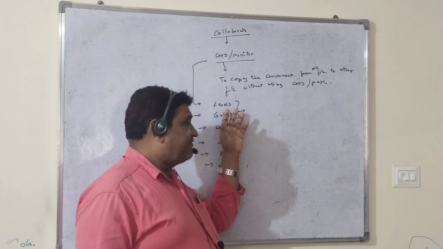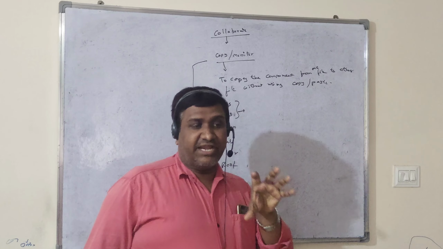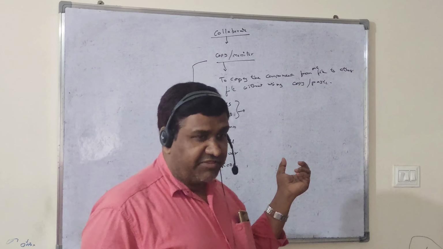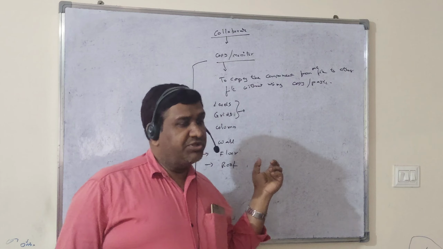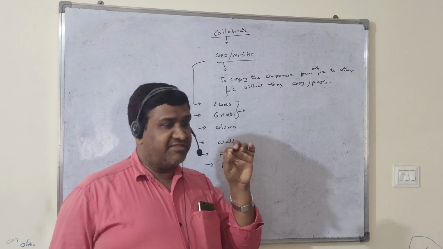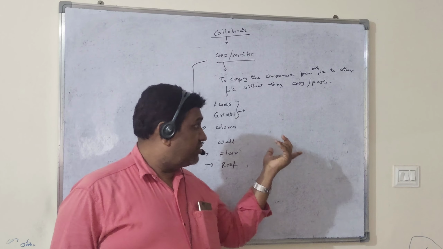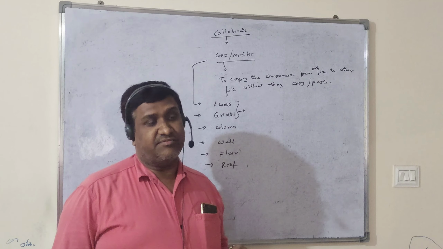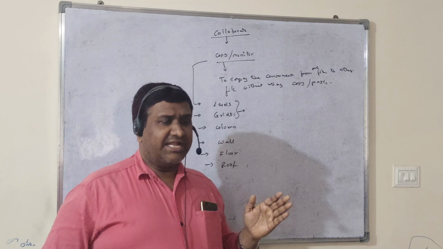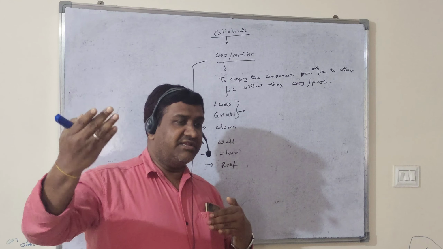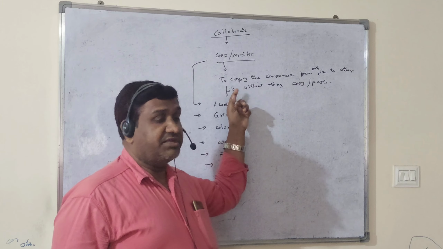If the architecture people provide the file to the MEP people, they need not go through grid placement and level placement again. They can directly take the levels and grids with the help of Copy Monitor.